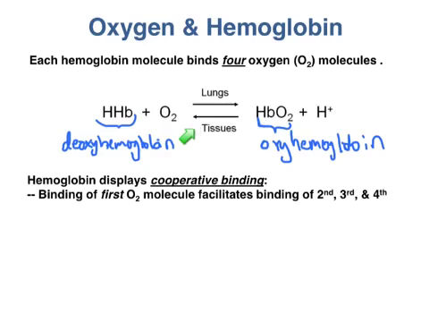Now, since each hemoglobin molecule can bind 4 oxygen molecules, you can have hemoglobin that is fully saturated. So if you have 4 O2, you have fully saturated hemoglobin.